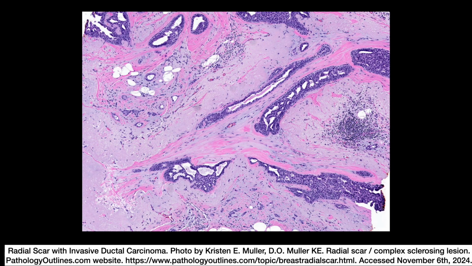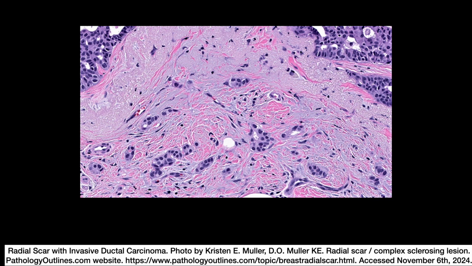Here is a radial scar with invasive ductal carcinoma, and you can imagine that it's difficult to assess whether the entrapped glands are cancer or not. So when in doubt, get your myoepithelial stains.